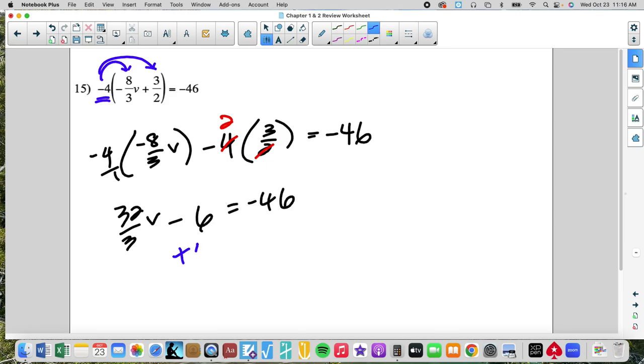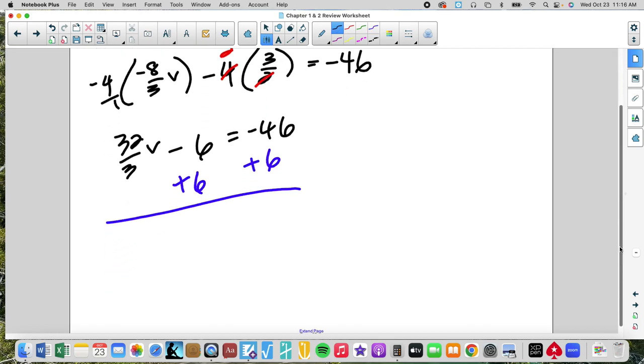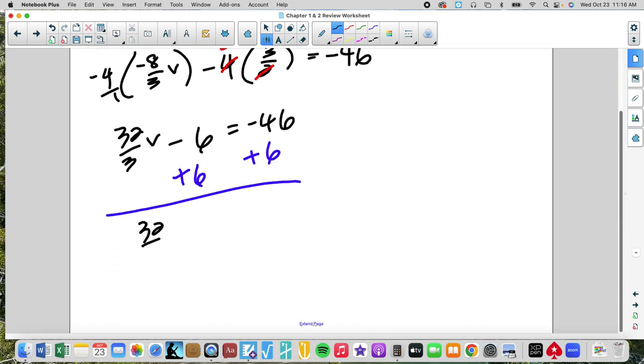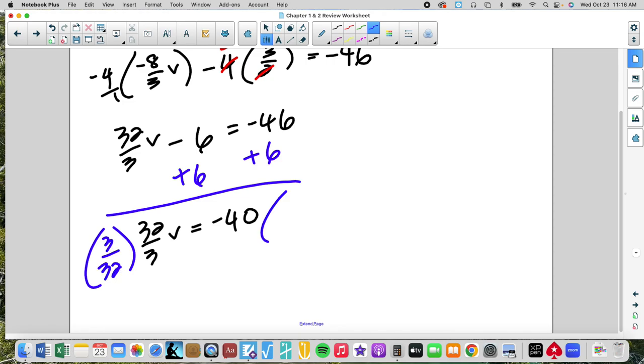We'll add 6 to both sides. I have 32/3 v equals negative 40. I'm going to multiply by the reciprocal, which is 3 over 32. I'm not going to multiply negative 40 times 3.